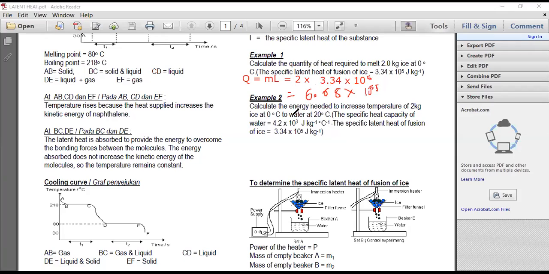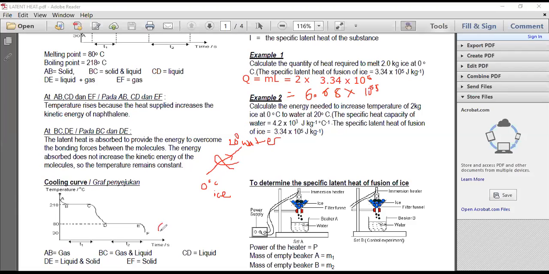Now calculate the heat energy needed to increase the temperature of 2 kilogram of ice at 0 to water at 20. Specific heat capacity of water is 4.2 times 10 to the power 3. Specific latent heat of fusion is 3.34 times 10 to the power 5. Now for this one, the process is not like you have 0 degrees Celsius ice and you want to change to 20 degrees Celsius water directly.